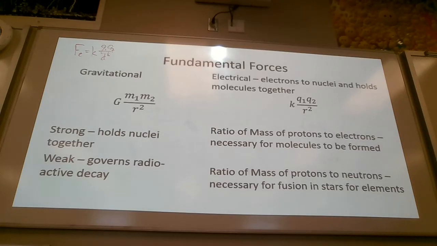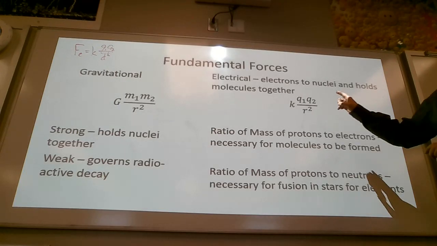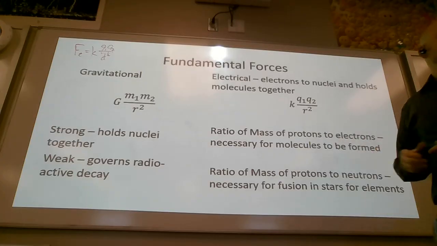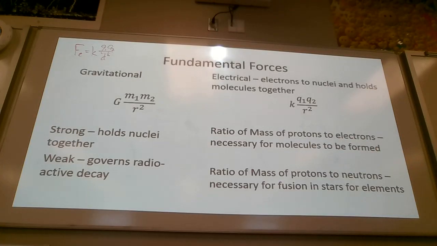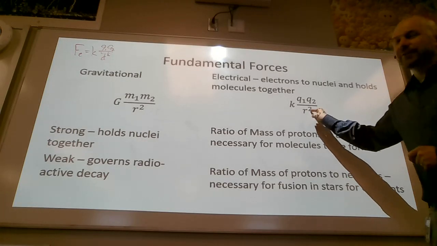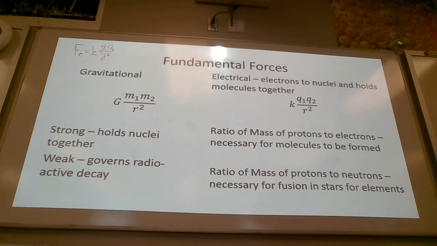Well, turns out that if this was slightly different, life as we know it would not exist. If this was r to the first instead of r squared, electrons would be flying off, wouldn't be held together.